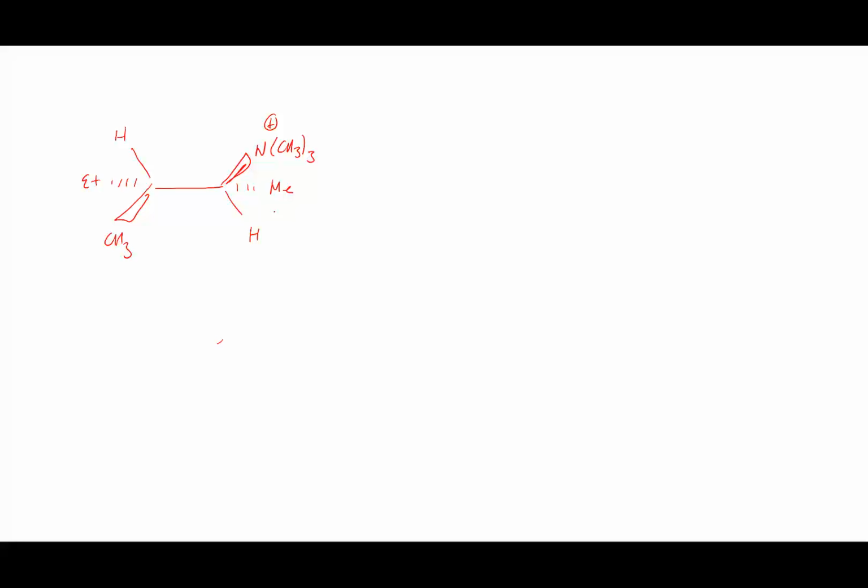So I'm going to write the Newman projection of that. The front carbon would have the hydrogen on top, the ethyl group to the left, the methyl group to the right. Over here, the nitrogen with the CH3s, the ammonium would be there. The hydrogen would be down, and the CH3 would be here.